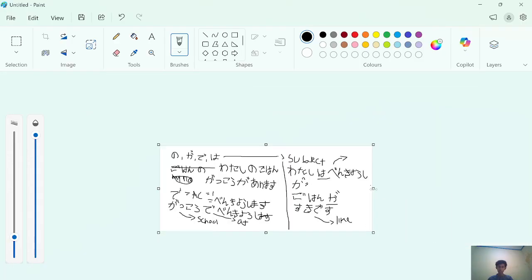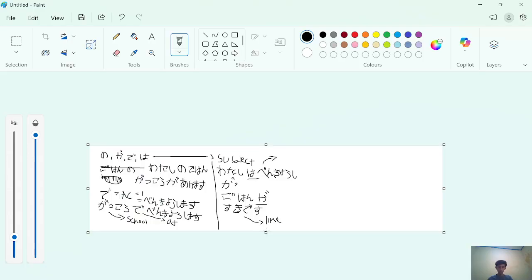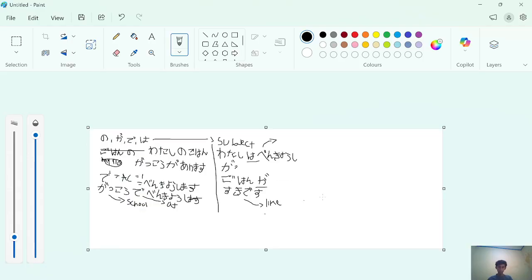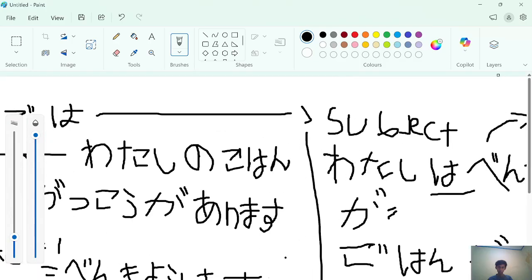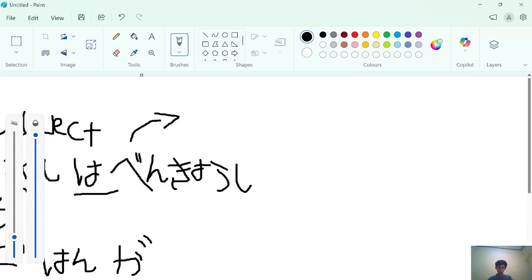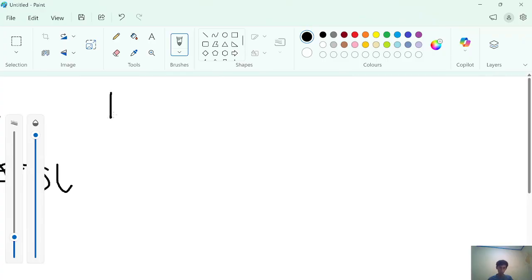So the next particle there is ni. So ni is similar to ga, but there are differences between the two of these particles.